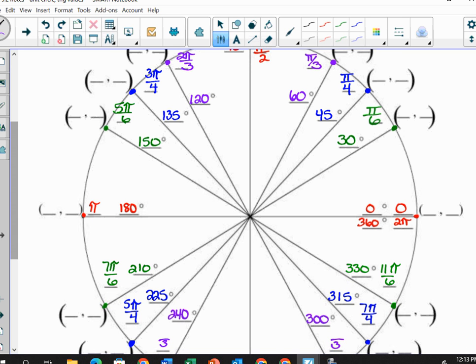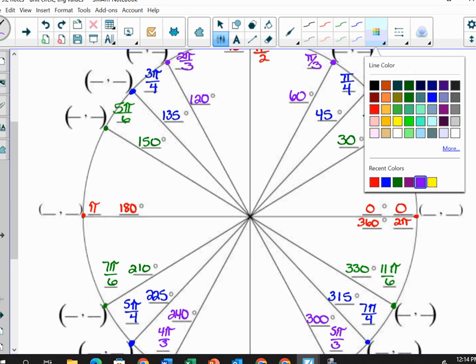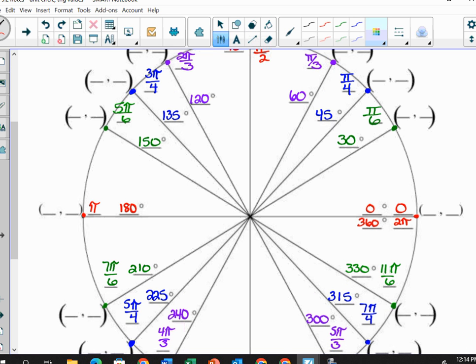Third quadrant? 4 pi over 3, and then fourth quadrant? 5 pi over 3, yes. Okay. And pause here for a second, make sure we've got all the radians filled in.